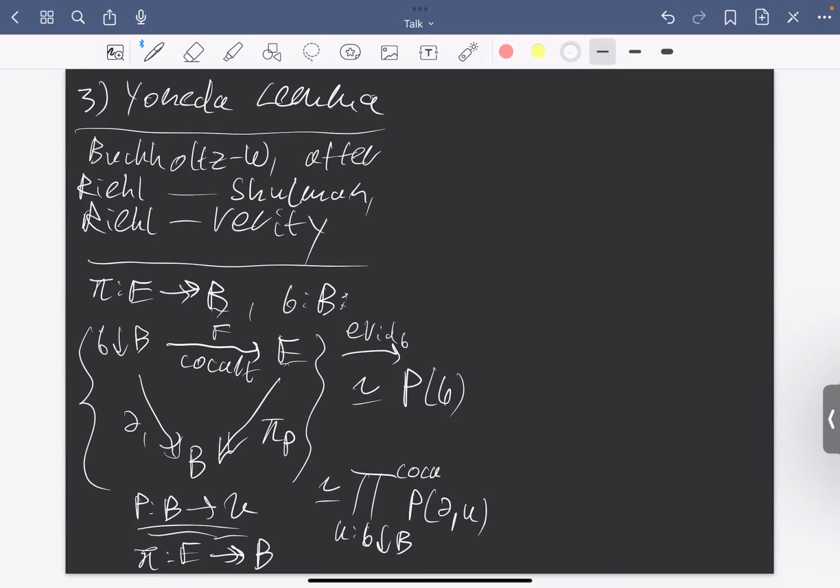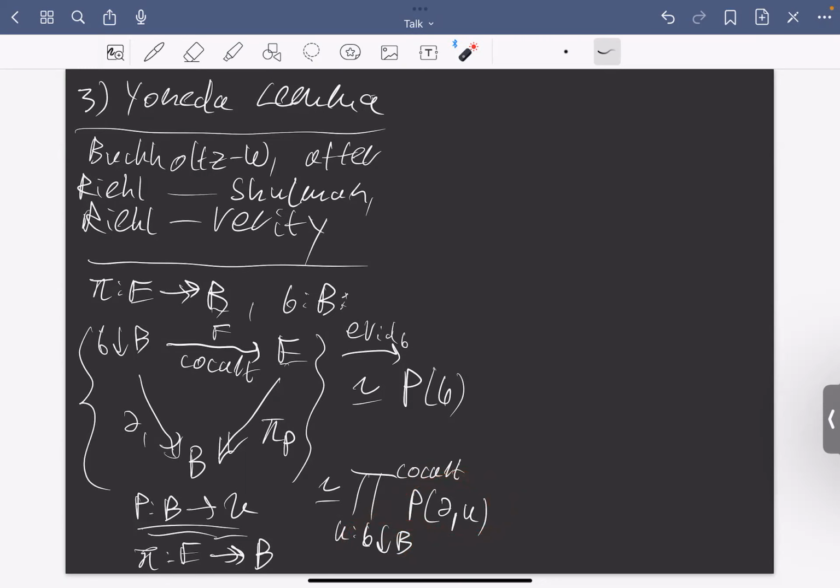But we want to take the co-Cartesian, so that's again going to be a co-Cartesian family, and we're looking at co-Cartesian sections. By co-Cartesian sections, I mean sections of this family such that the action on arrows here gives co-Cartesian arrows in the family.